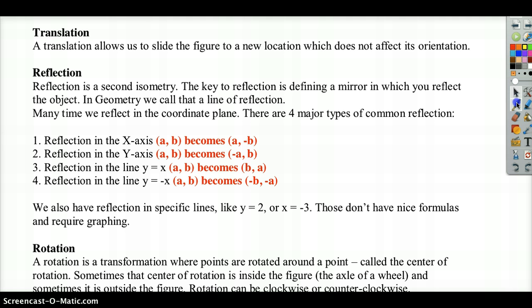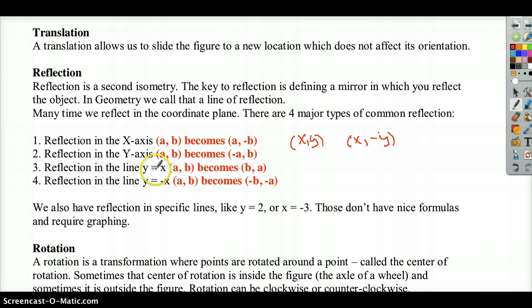Remember, this is (x, y), where we say (a, b), and when we reflect in the x-axis, x stays the same, but our b, or should I say our y, becomes the opposite. If it's negative, it becomes positive.